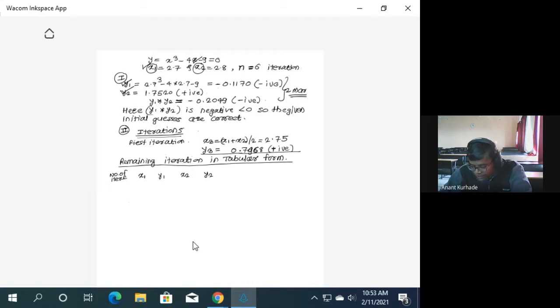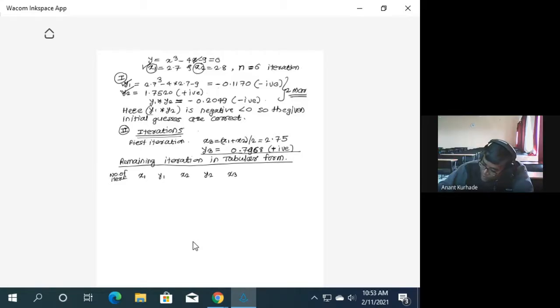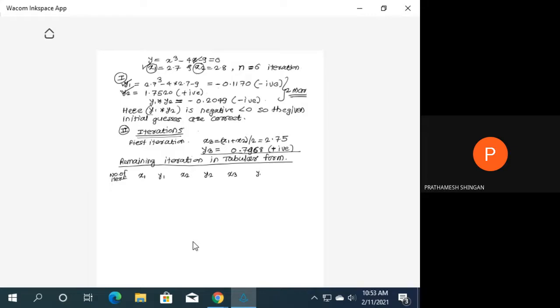But for the first iteration, we have calculated one value. What is that value? In the first iteration, we have calculated one value initially. X3. Again, we have calculated the value of y3.